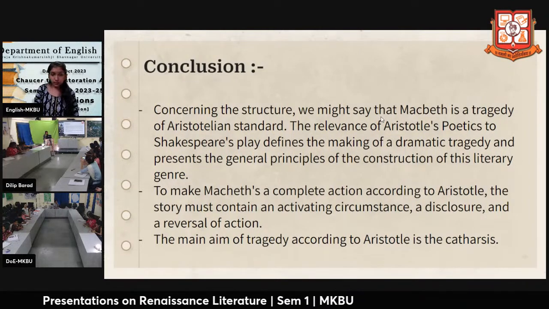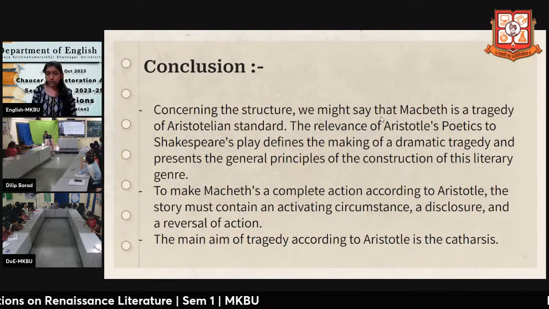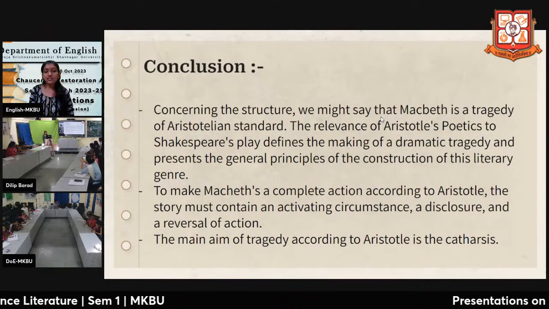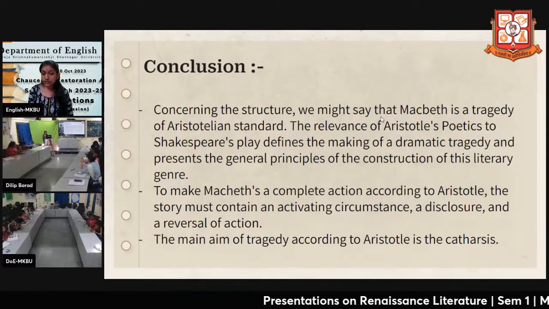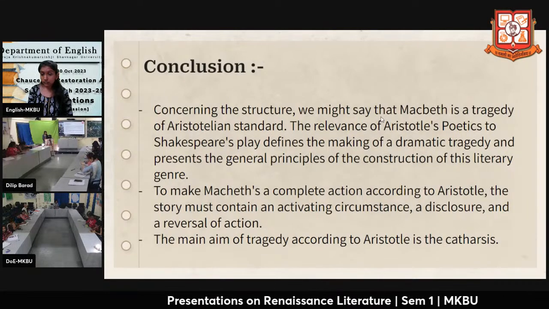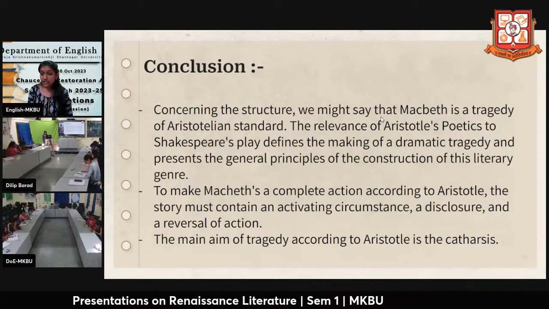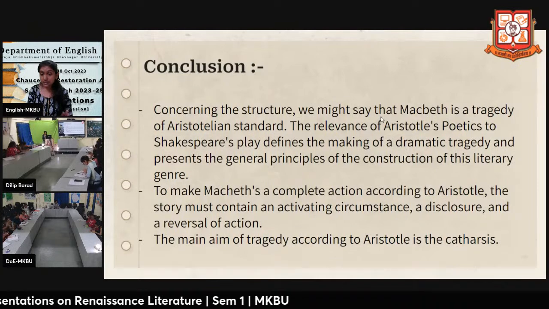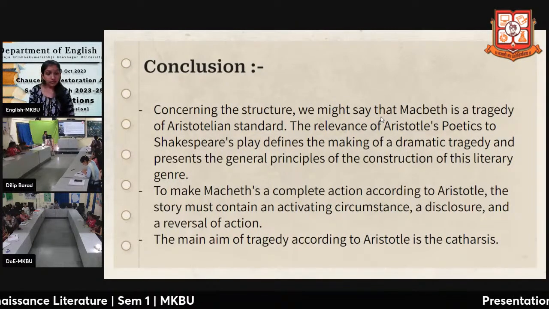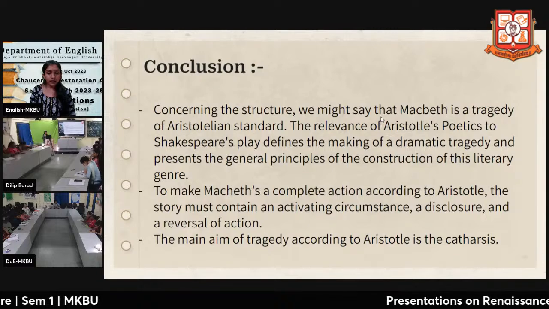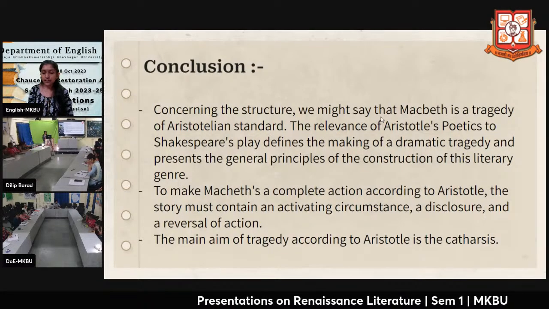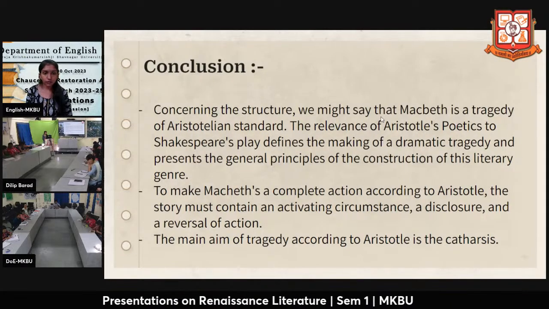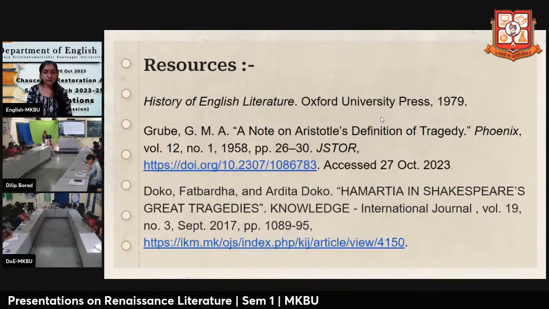Second, to make Macbeth's action complete according to Aristotle, the story must contain activating circumstances, disclosure, and reversal of action. The main aim of tragedy, according to Aristotle, is catharsis, which we find in Macbeth also. These are some references.